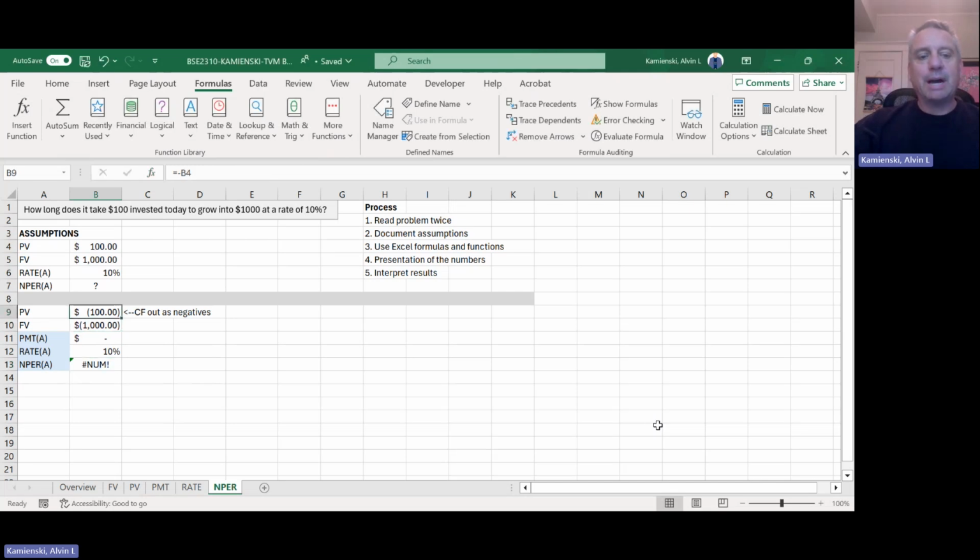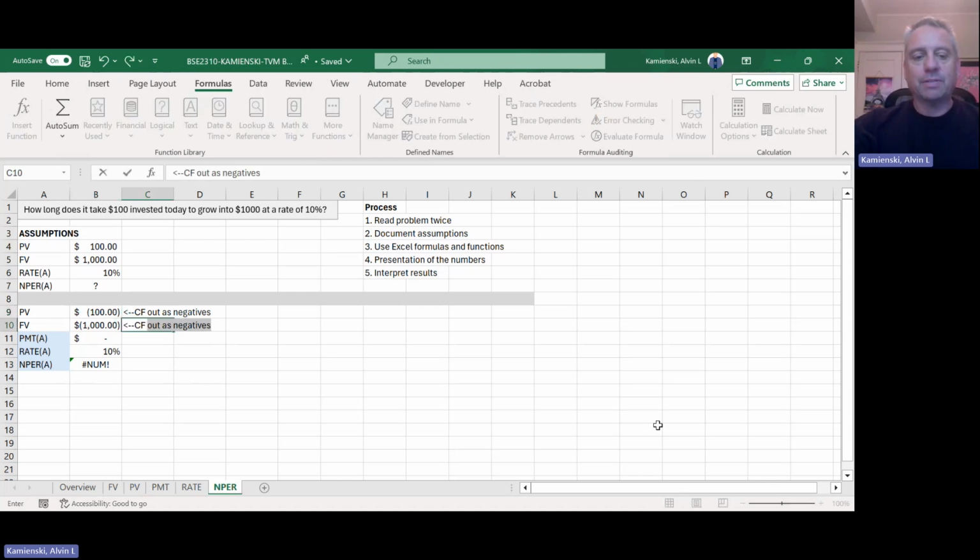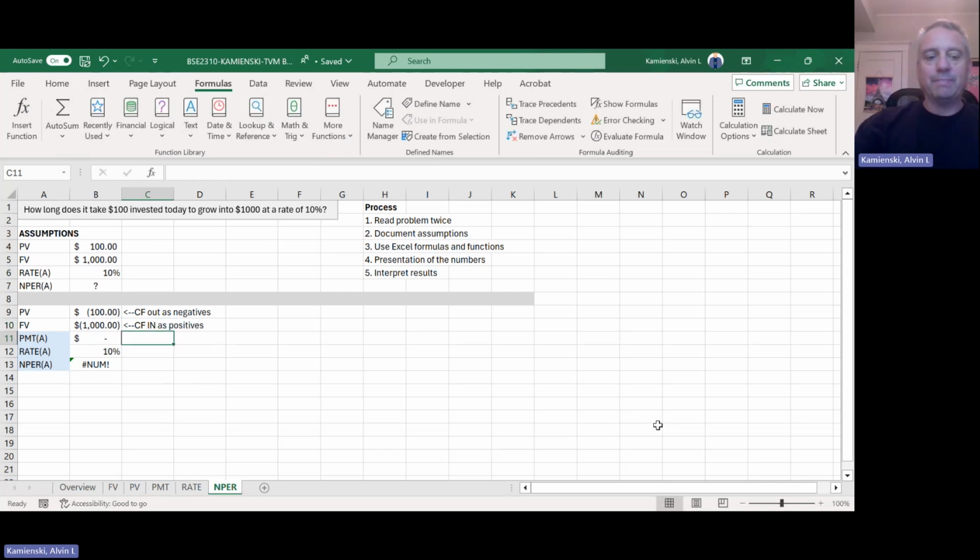But notice what I did up top: when I copied and pasted, I had forgotten that cash flows out as negatives were for present values, but cash flows in as positives is the way Excel thinks about it. By not taking away that minus sign when I copied and pasted, Excel got itself confused.